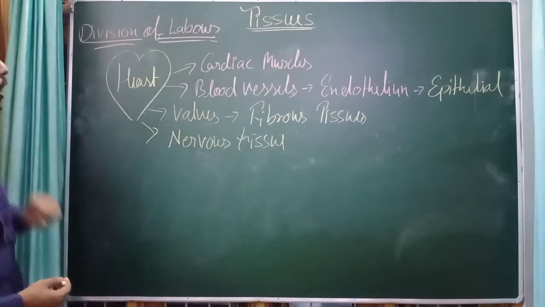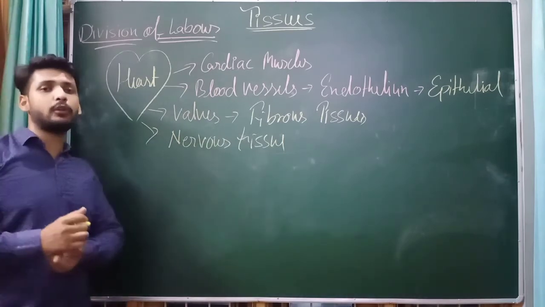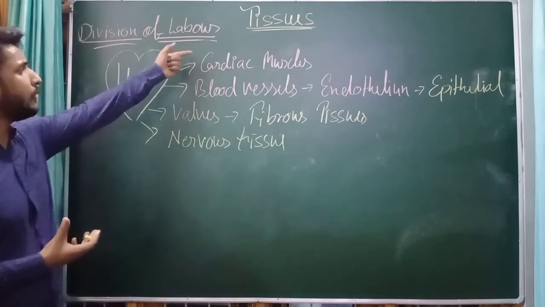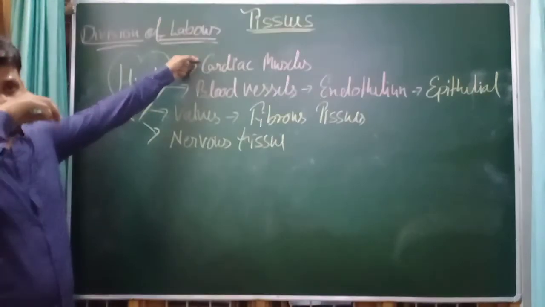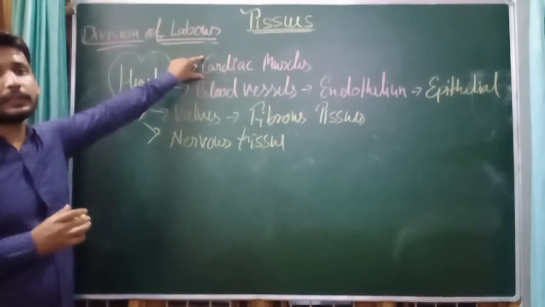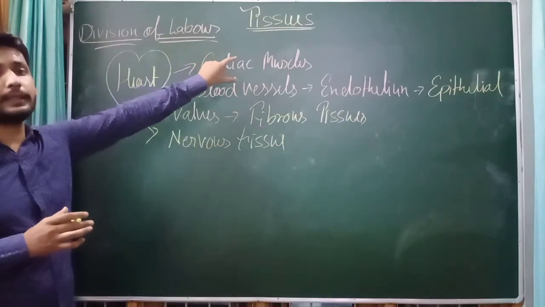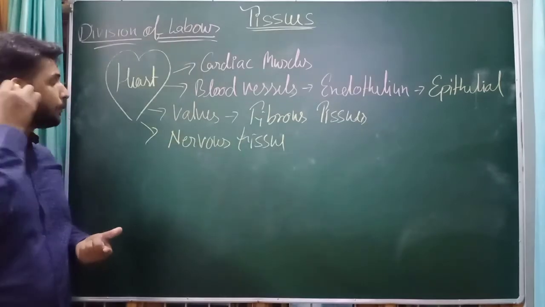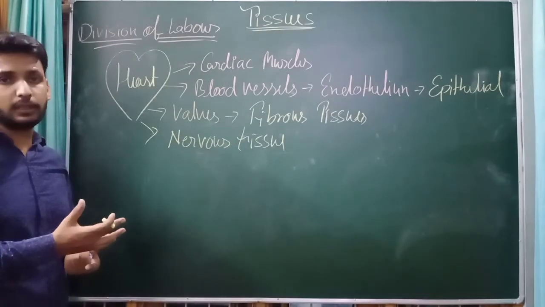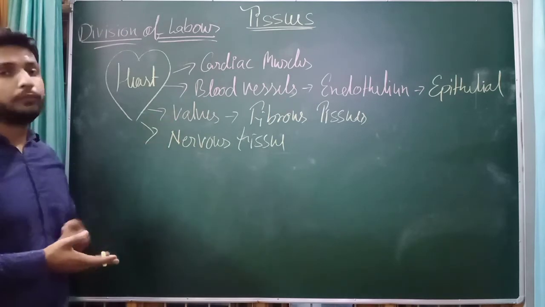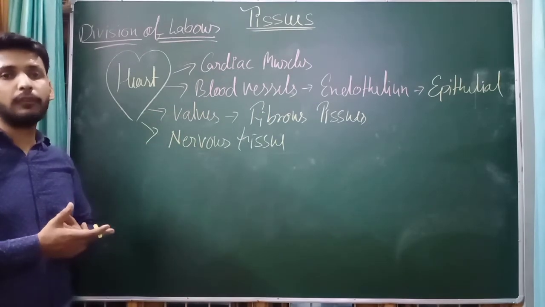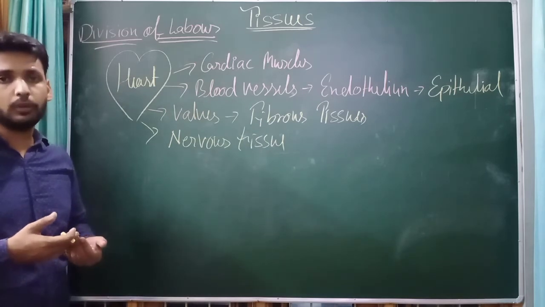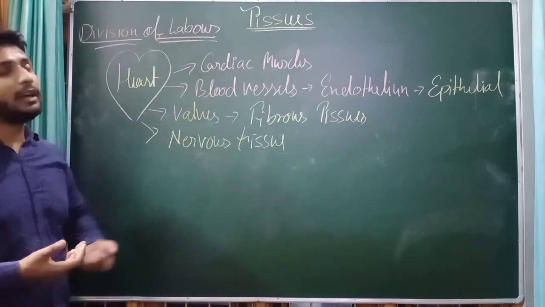So this is an organ which is made up of different types of tissue. Cardiac muscles perform the function of movement. Nervous tissue provides signals. The function of valves is to prevent the excess flow or backflow of blood.